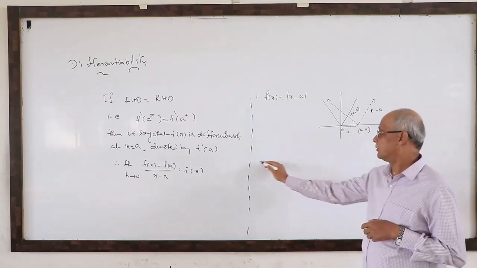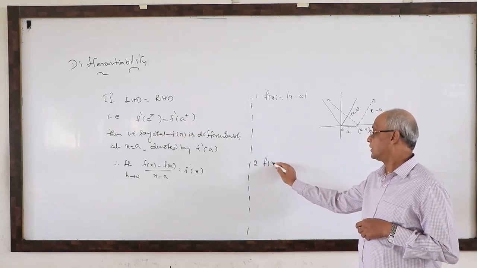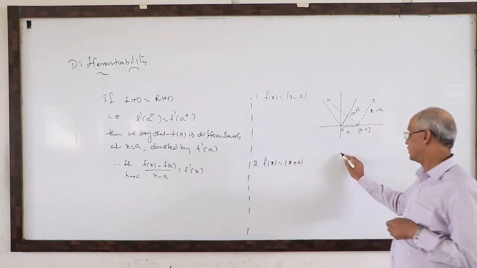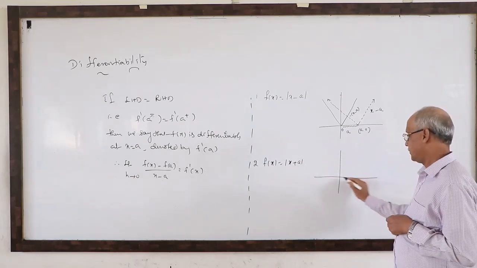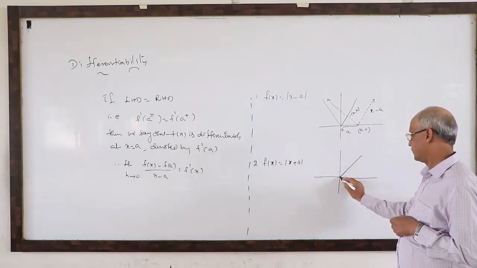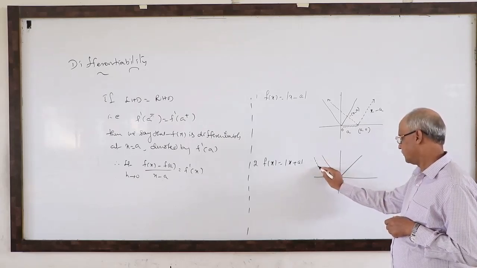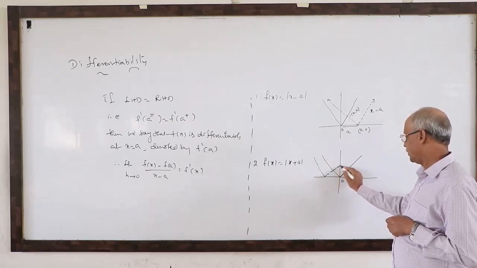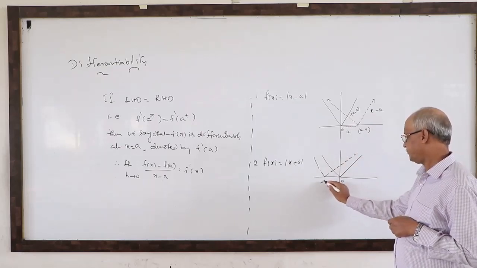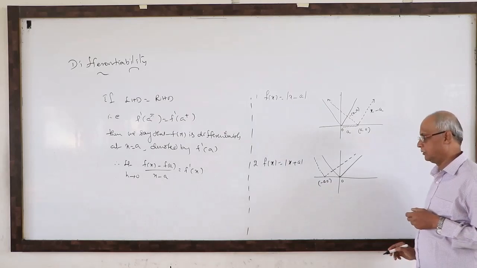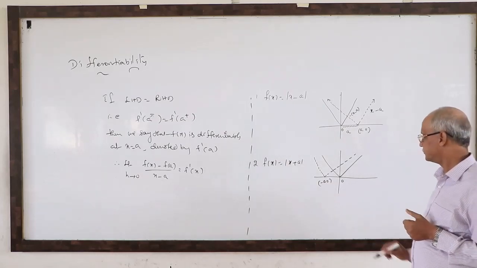Suppose I give you modulus of x plus a, how to draw the graph of this? First the original graph, then shifting left hand side by a units, to the left of the origin, negative, that is the reason.